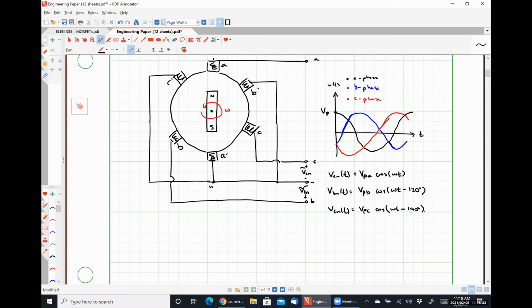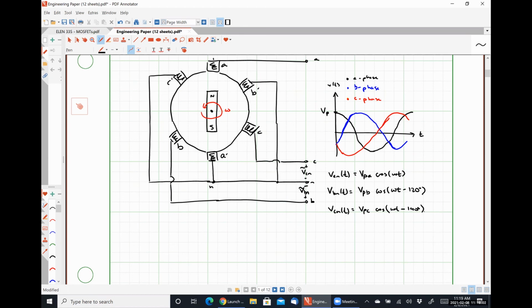And there's 120 degree phase separation. So phase B is lagging phase A by 120 degrees. Phase C is lagging phase B by 120 degrees. Those exact 120 degree angle differences between the phases are because we are orienting our coils 120 degrees apart around what's called our stator, or the stationary windings on the outside there.